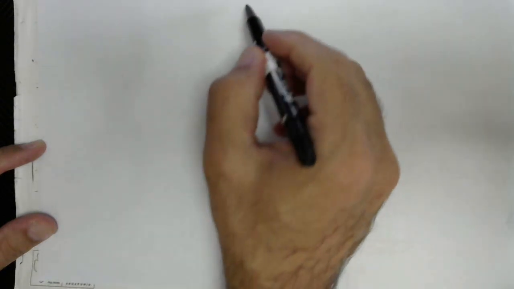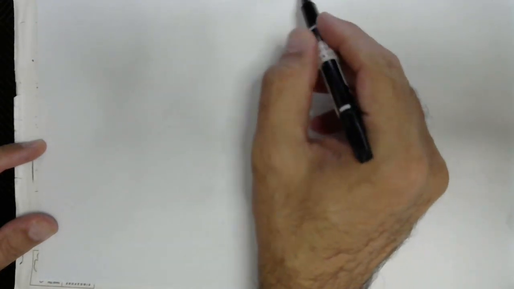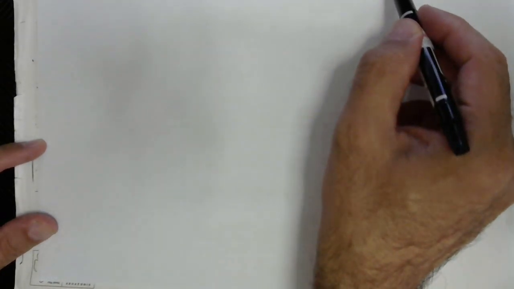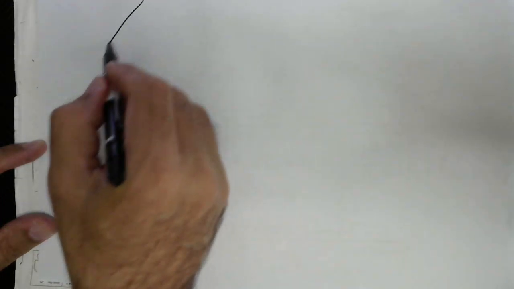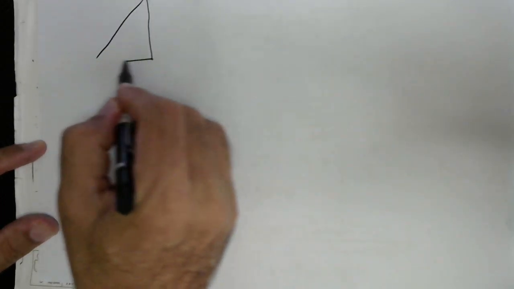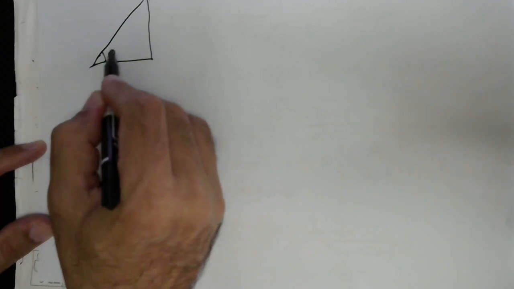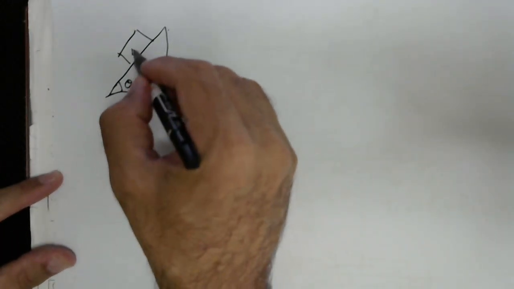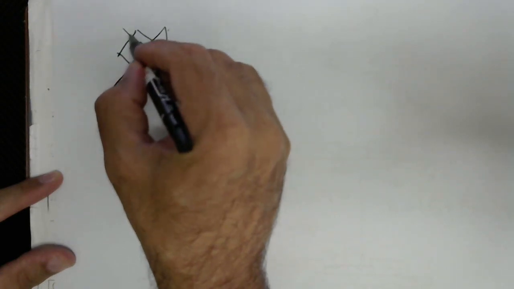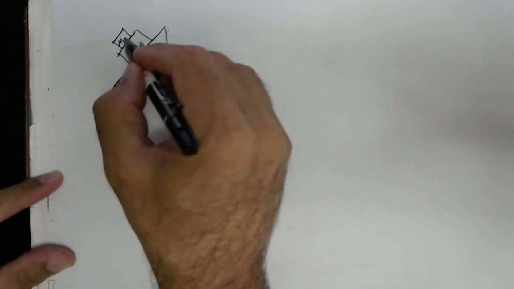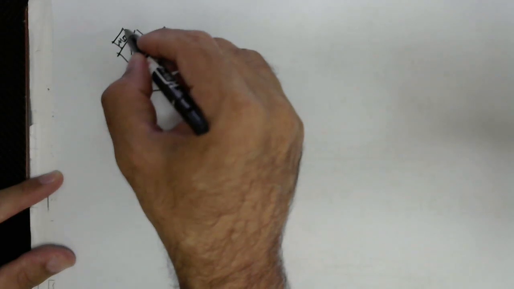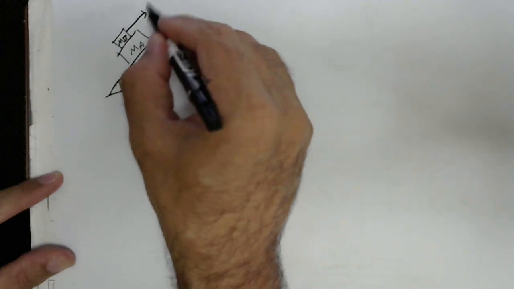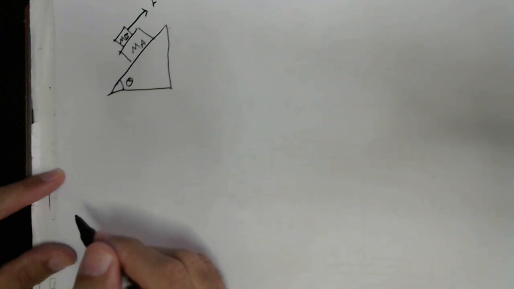So some of the examples: you have, let's say, an inclined plane. In this situation, I consider several cases. Theta, this is the mass that you have, MA, and then you have another mass, MB, and then let's say you have a force F on B in this direction, just in a general case.